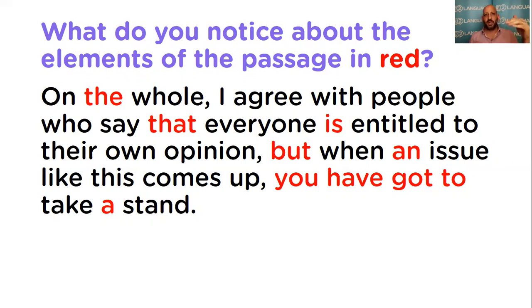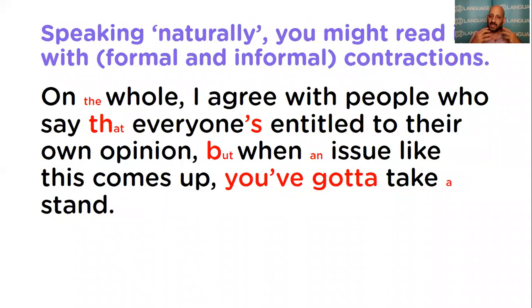Okay. So in the first line, the word the. In the second line, the words that and is. What do you notice about those elements in red? If you read them aloud in the context of the sentence, then what you ought to notice is that when you're speaking naturally, you might read them with certain contractions.